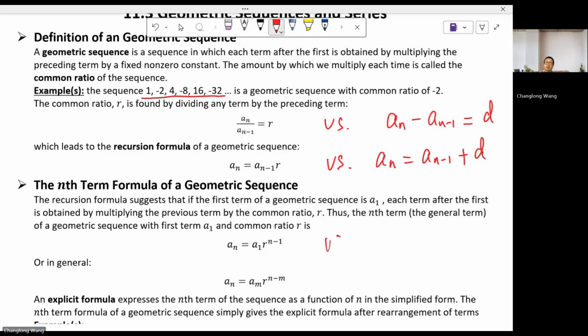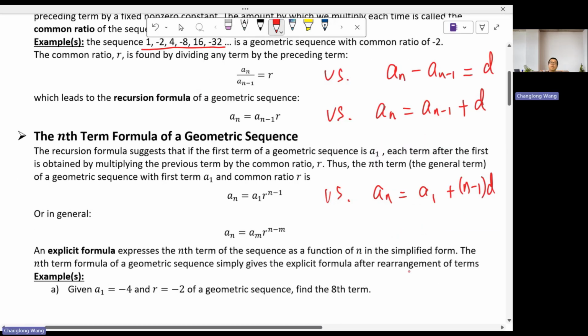It's like we're adding not n times the common difference, but n minus 1 times the common difference to a sub 1 to get a sub n back in the day. Do you see that they are super comparable?